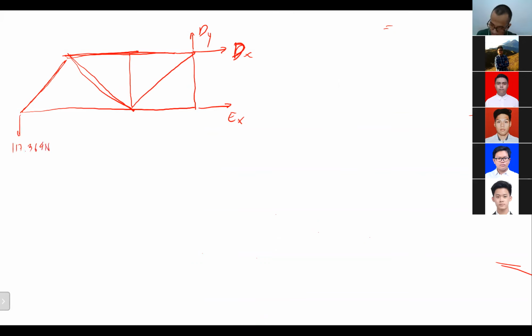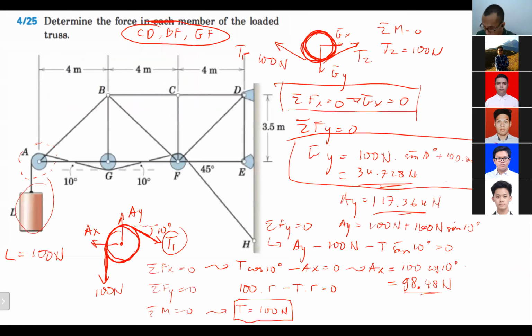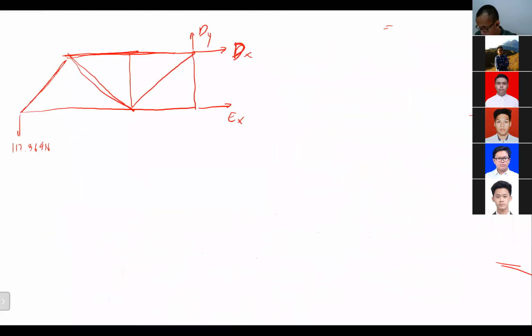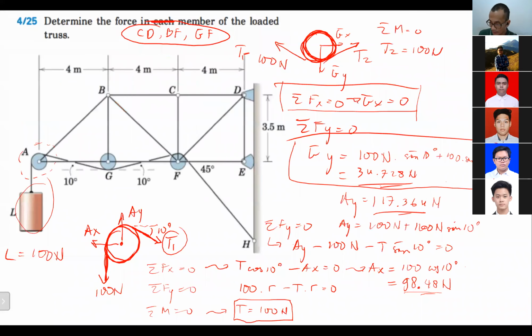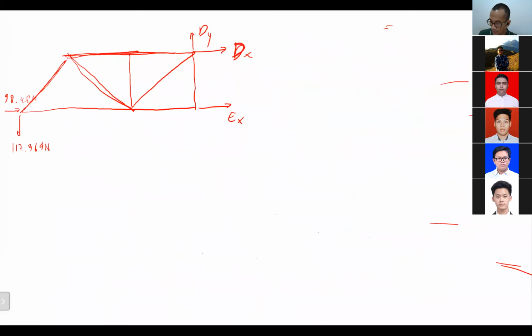And then EX is going to the right, 98.48 Newton. What else do we have here? Oh, G at point G. I forgot this.